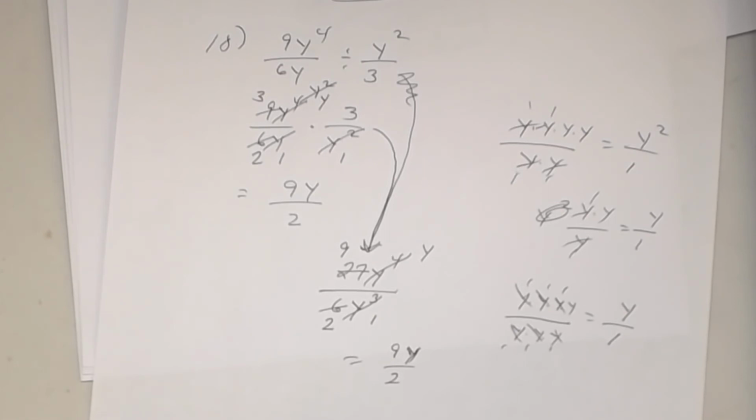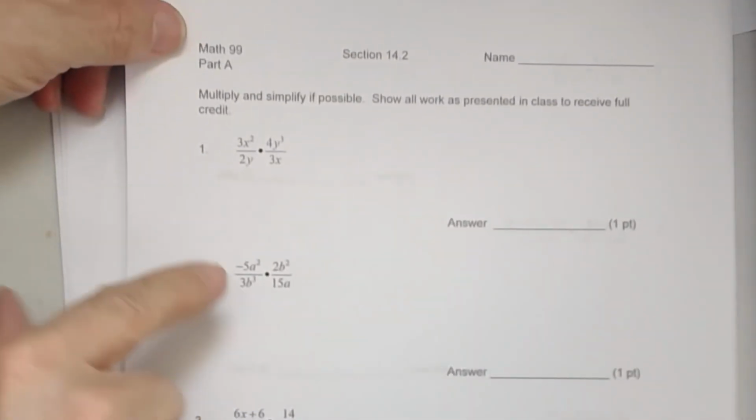All right, so that's all this section was about. That's all this was. So when you look at the worksheets that go with this, this is 14.2. So 14.2 part A is this. All right, so that's it.